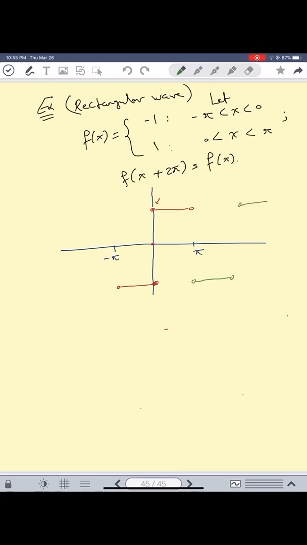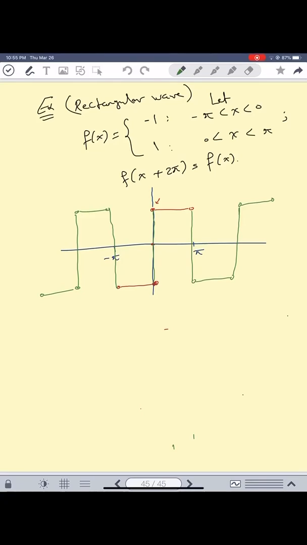So roughly speaking, this is what you're going to have, like this, and so on. If you connect these, this is not part of the function, okay? But if you connect them, you see something like rectangles. So this is why it's called rectangular waves or rectangular functions.